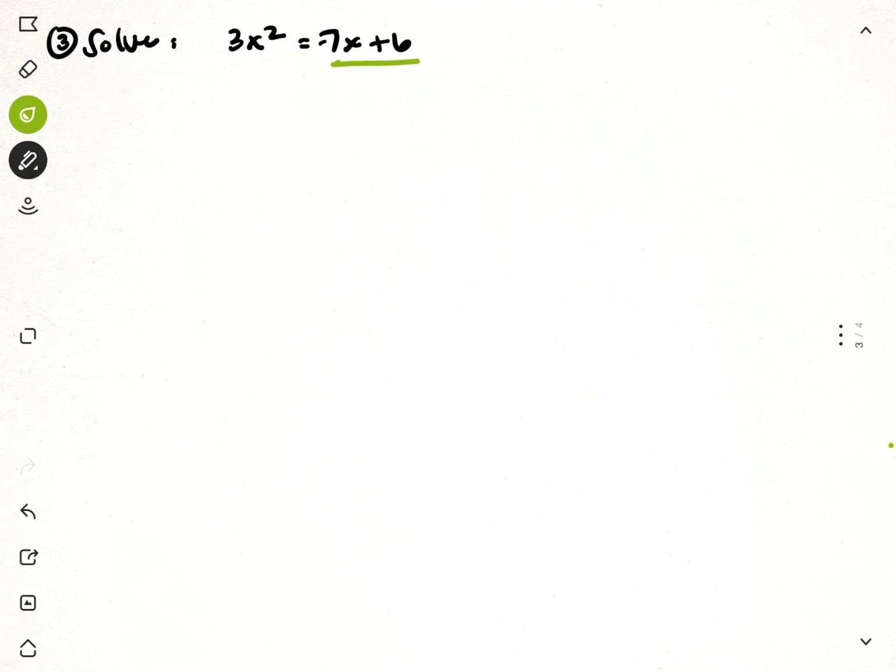All right, so let's do this all in one step. We're going to add the 7x, and subtract the 6. So the whole right side is going to be equal to 0. And then on the left side, we have 3x squared plus 7x minus 6.